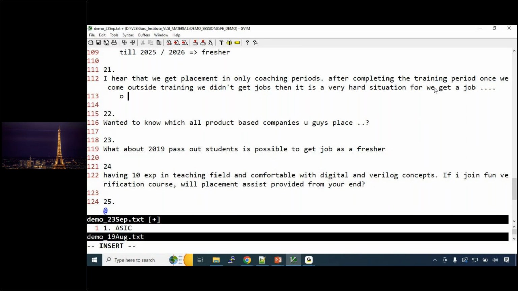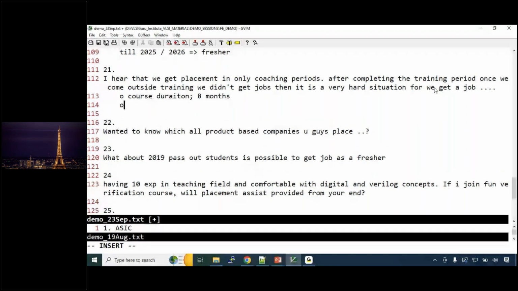After training, or in the last 2-3 months of your training, I can consider you, when I know that you have at least completed 80% of your coursework. Then I can consider you. Our institute policy is that the course duration is 8 months, but placement support starts from 5.5 months.